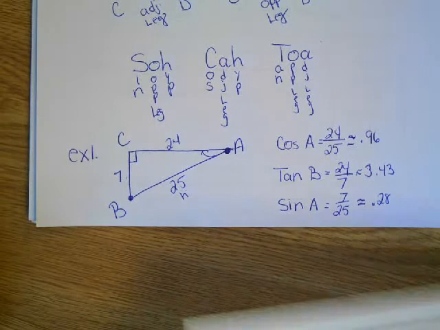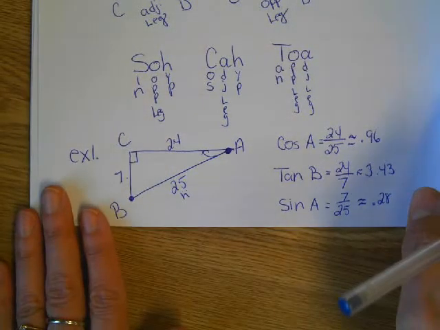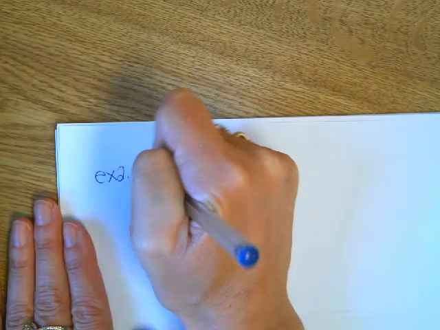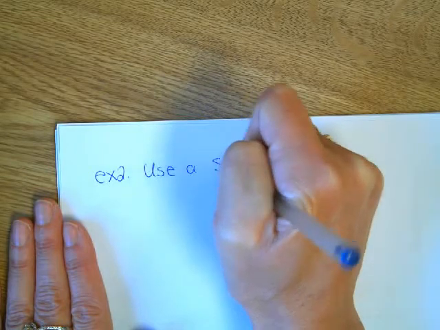Okay, moving on. Exact values. Use a special right triangle to find the trig ratio. So, example 2: use a special right triangle to find trig ratios.